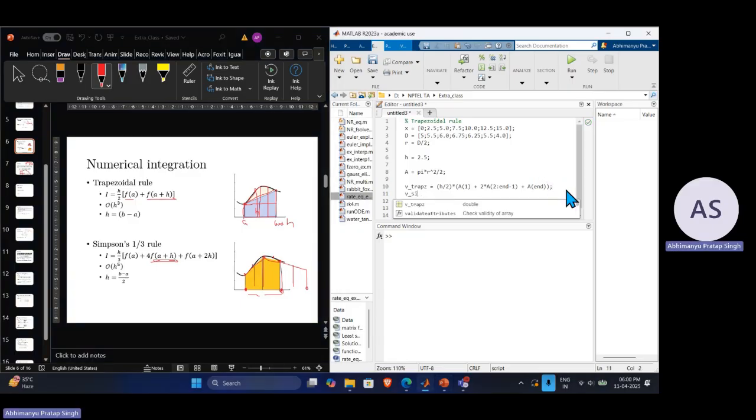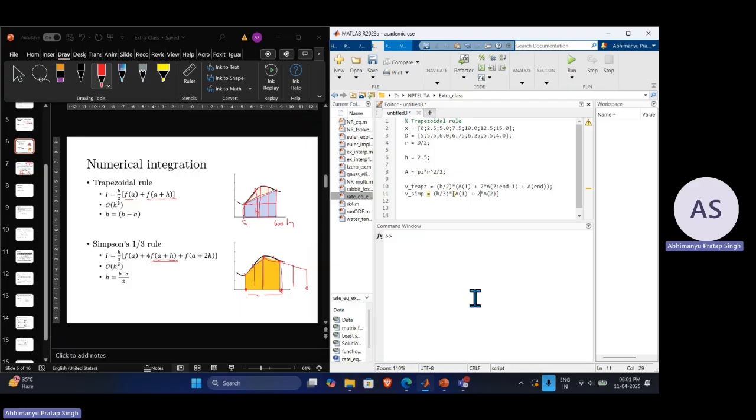Yeah. So we have Simpson's: h by 3 multiplied by the first term, then the first odd term, based on the indexing, would be the even term, right?